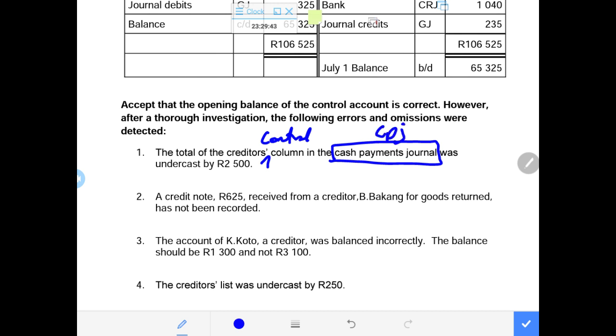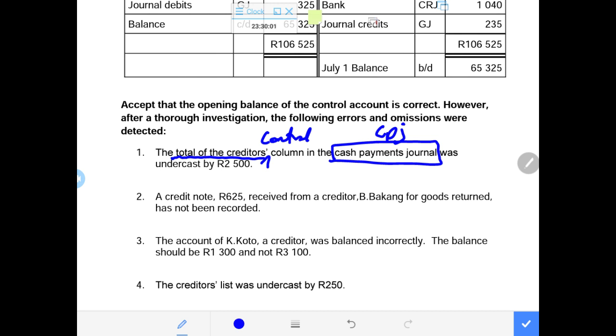And remember that in our cash payment journal, that's where we pay our creditors. And if we pay our creditors, we expect them to decrease on the debit side. Now this total is not a list of a creditor. There is no name of a creditor that is mentioned in here.